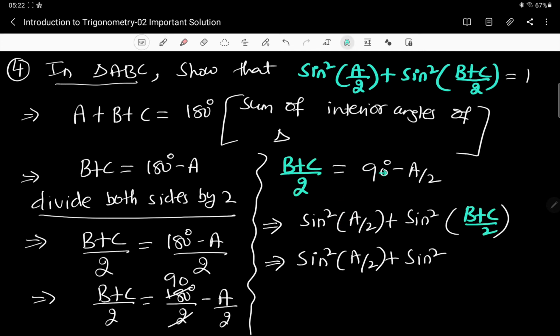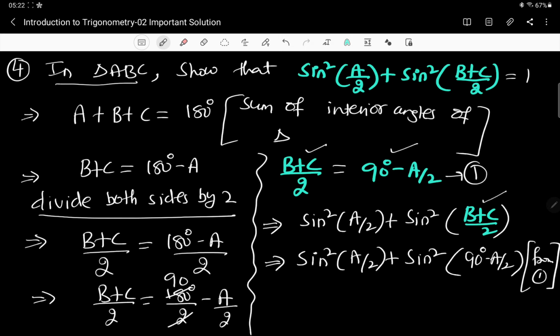We got (B plus C) by 2 as 90 minus A by 2, right? So instead of this (B plus C) by 2, we are going to keep 90 degrees minus A by 2, because it is proved above. You can give equation number 1 and say from 1 we have written this. You can give a reason like that.